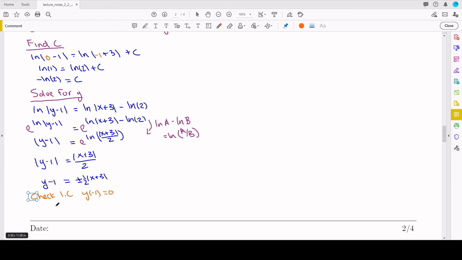So what we have here is that when you try 0 minus 1, right? 0 minus 1 equals positive 1/2 times the absolute value of negative 1 plus 3.